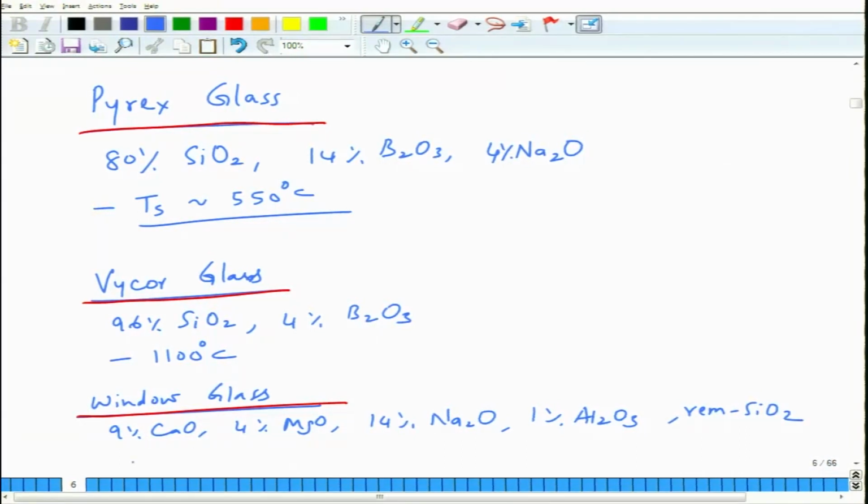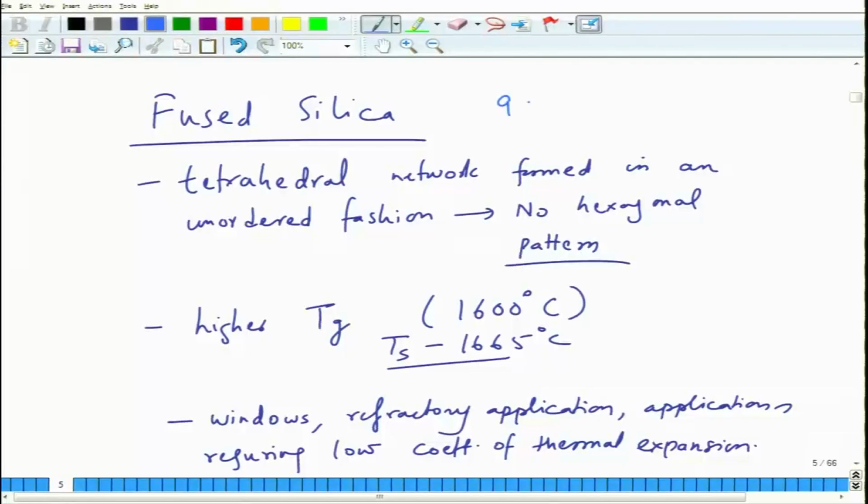This has a softening temperature of about 120 degrees centigrade. So, it is useful only for low temperature applications, all right. But it can be formed into shapes very easily at lower temperatures. As a result, it's a very popular glass. And then of course, you have fused silica, which I showed you earlier, which is essentially 99.8% SiO2. Okay. These are the non-crystalline structures that we have.